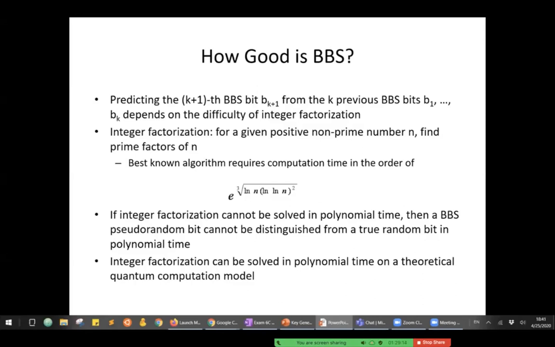Okay, so this means that, at the current knowledge about integer factorization, predicting the next pseudo-random bit based on what we have generated so far is hard, which is good.